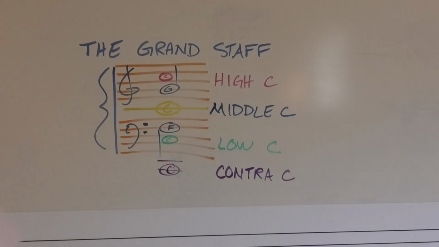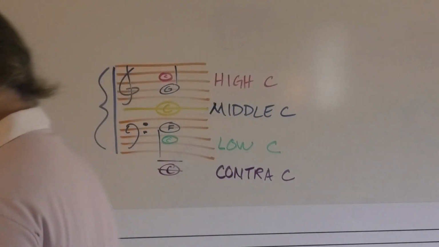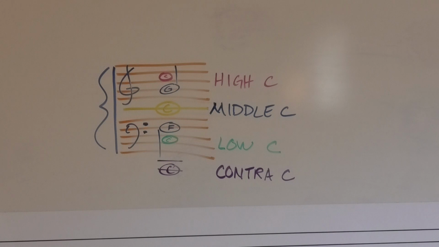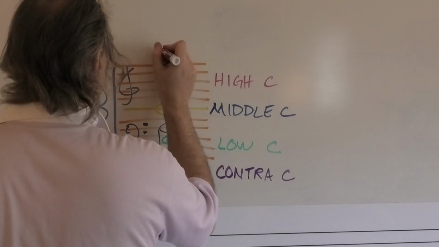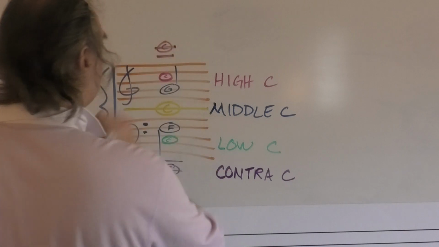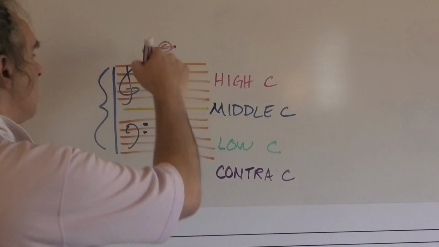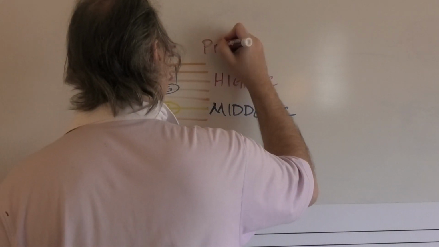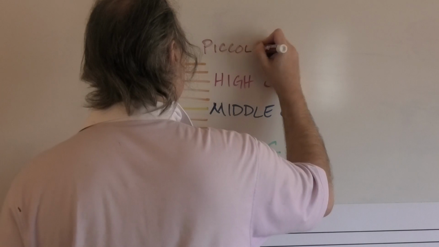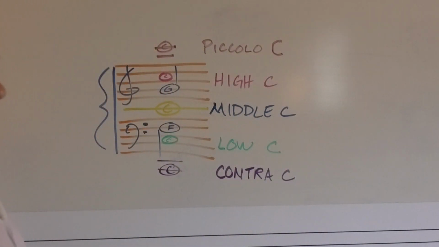And then if we draw two ledger lines above the staff, that's also C. So two lines below the bass staff is C. Two lines above the treble staff is C. That's called Piccolo C, double high C. And contra means double low.